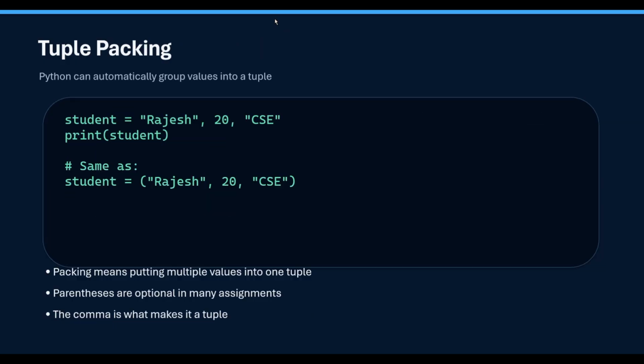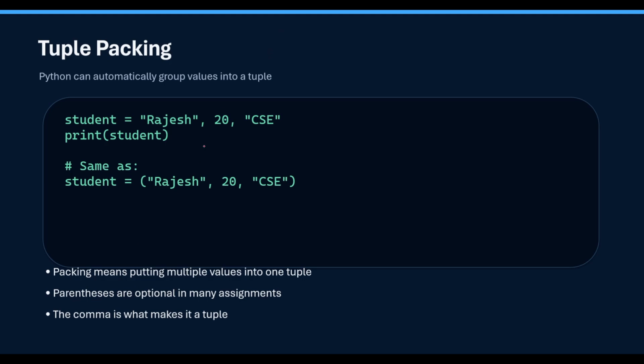Next we have tuple packing. So what is tuple packing? We say tuples are enclosed between parentheses, but they need not be. If you don't give the parentheses and just separate values by commas, it will also count as a tuple.